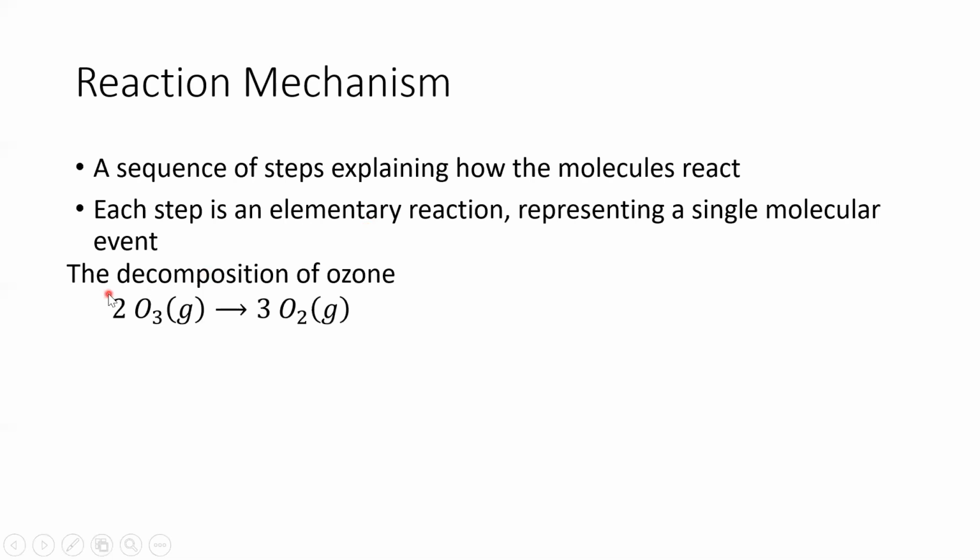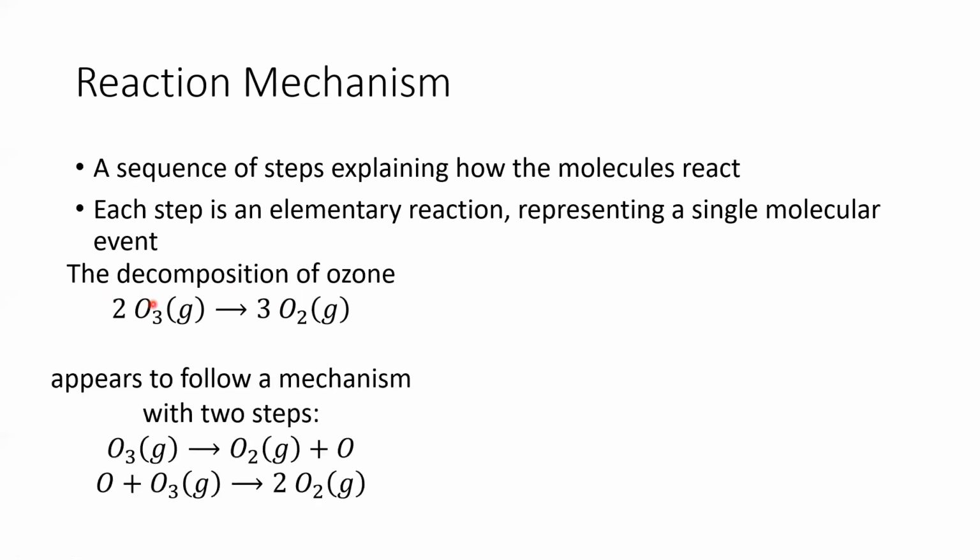So if we were to look at the decomposition of ozone, O3 is ozone. Ozone decomposes into oxygen. This is an overall reaction, a net reaction. In reality, it's believed that it occurs by way of a reaction mechanism, a sequence of steps where ozone breaks down into oxygen molecules and oxygen atoms, and then those oxygen atoms will react with more ozone molecules to produce oxygen.